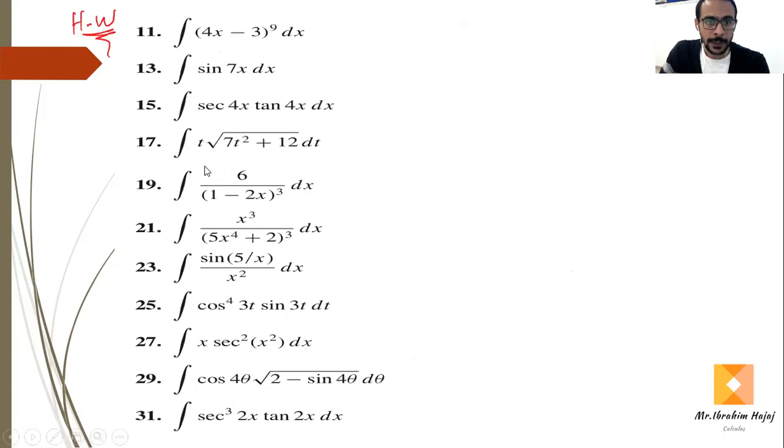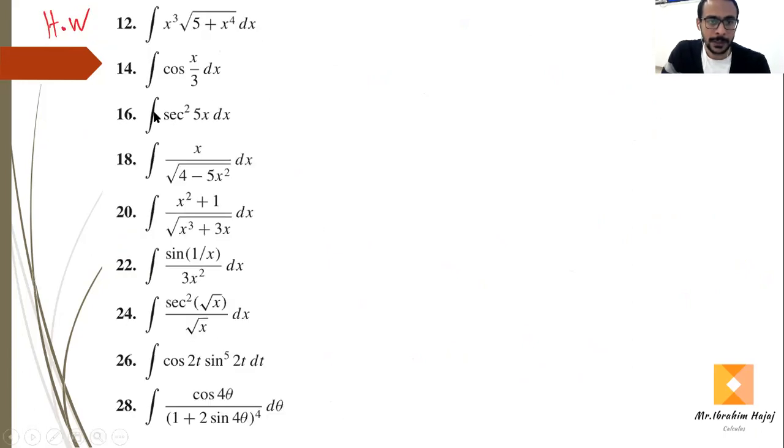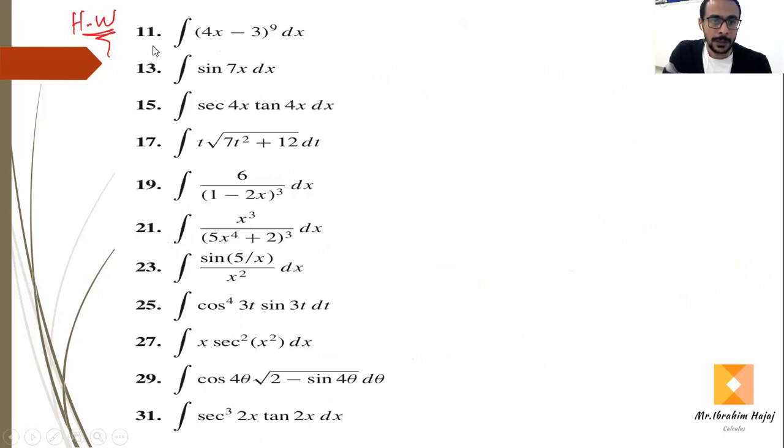We solved this before. Let's go to the questions here so we don't take everything as homework, from 11 till 31 as grade 10a. The homework was 11 to 31, odd numbers on this page.